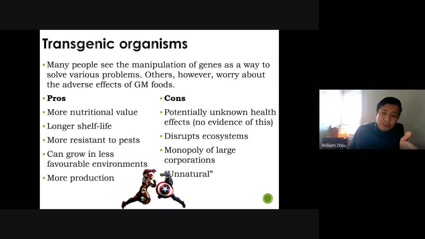Well, it can disrupt the ecosystem. Now, what do I mean by that? Imagine this, okay? You're growing, let's say, anti-insect corn, okay? Grasshoppers jump on your corn, take a bite, die. No problem. Well, what if a butterfly lands on your corn? Licks your corn, the butterfly dies. Well, guess what?